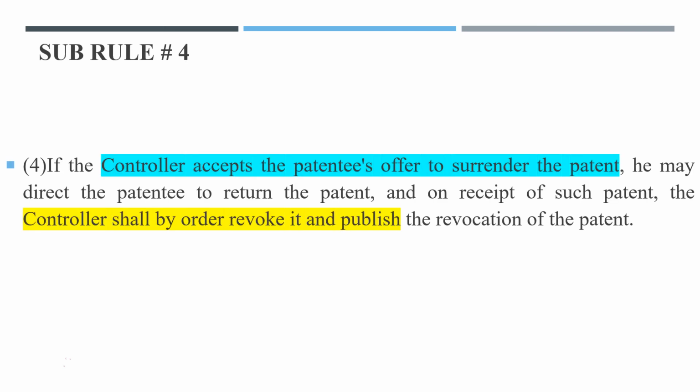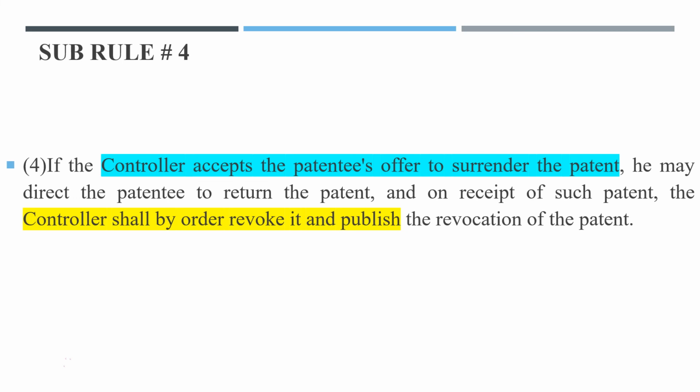Subrule 4 says, if the controller accepts the patentee's offer to surrender the patent, he may direct the patentee to return the patent. And on receipt of such patent, the controller shall by order revoke it and publish the revocation of the patent.